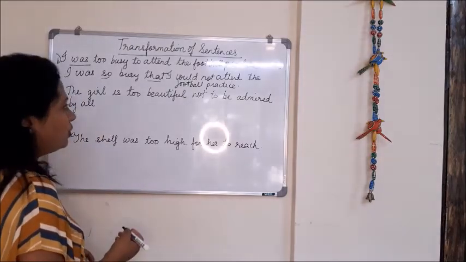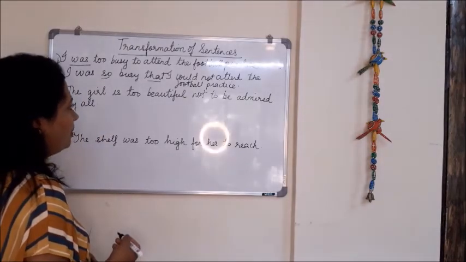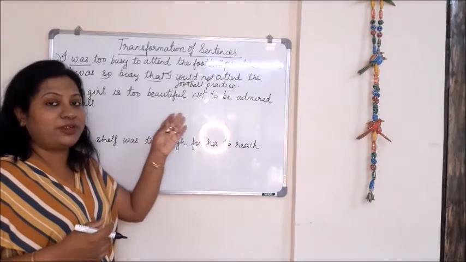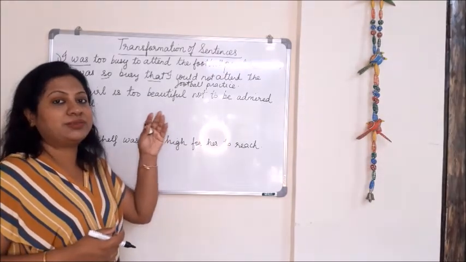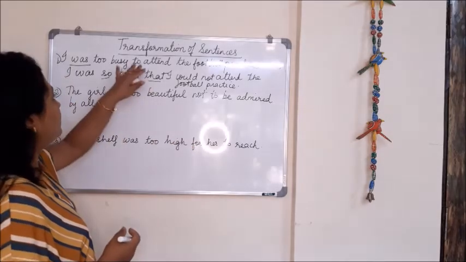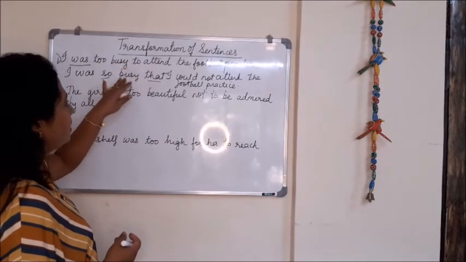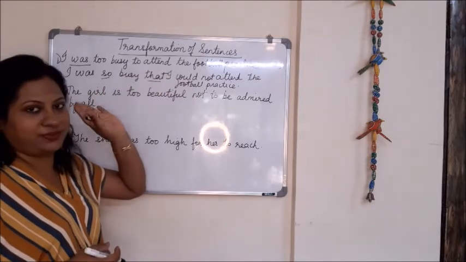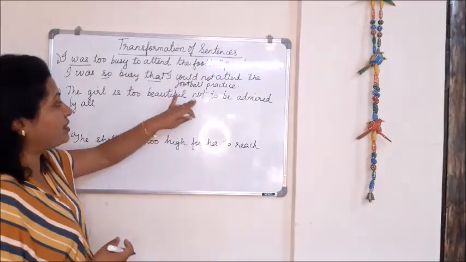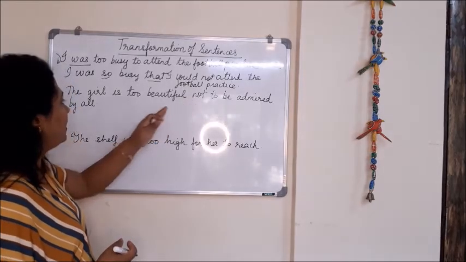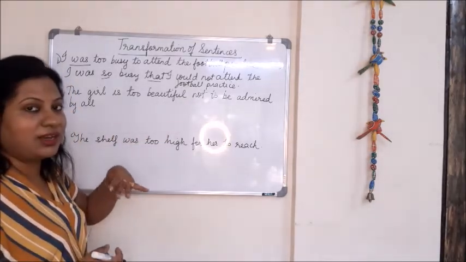The girl is too beautiful not to be admired by all. Now one thing you need to remember when we are changing such kind of sentences, if the sentence is positive in too and to, by replacing it with so and that, it should be a negative sentence. Similarly, if it is a negative in the first form, it has to be positive in the other form.